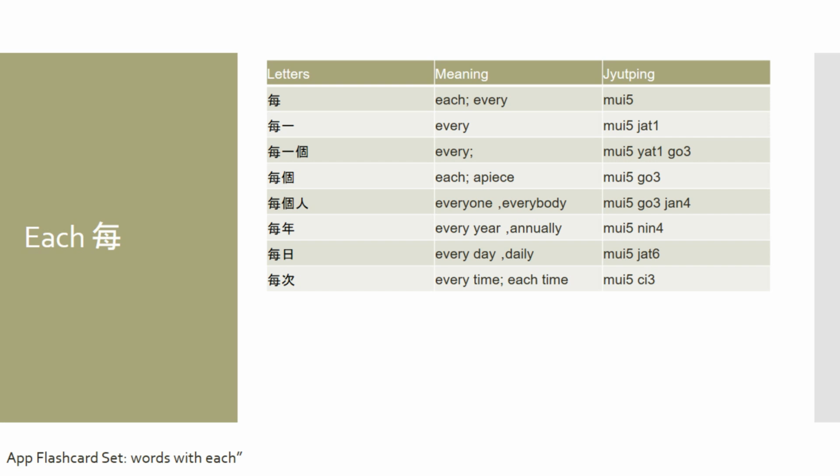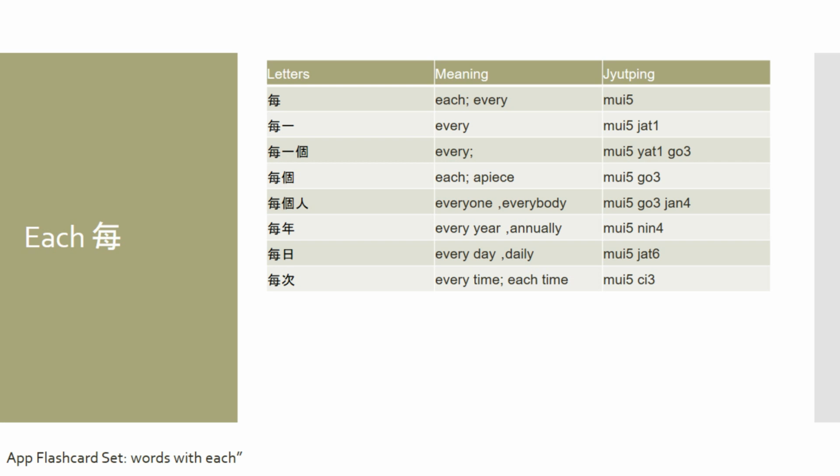But alternatively, without the word yat also means the same thing. So you could also say moi go. Now, if you want to say everyone in Cantonese, then it will be moi go yan.